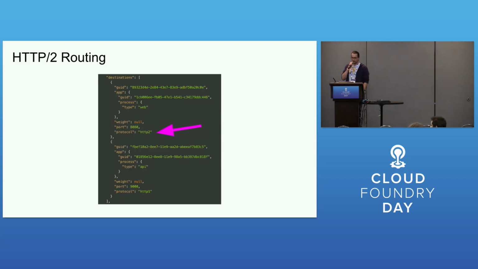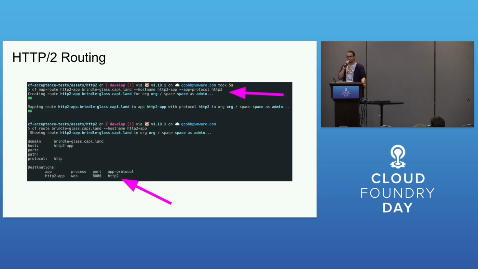On the API, you can now specify an app protocol in your route destinations, and this will mean that HTTP2 traffic is forwarded all the way through to your application. So if you do have a use case where you need HTTP2 traffic all the way from ingress to your application, for example, if you're doing gRPC routing, then you'll need to enable that.